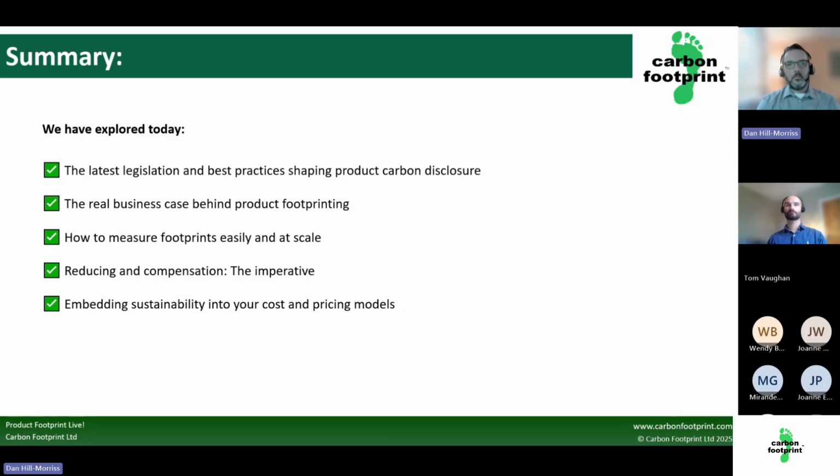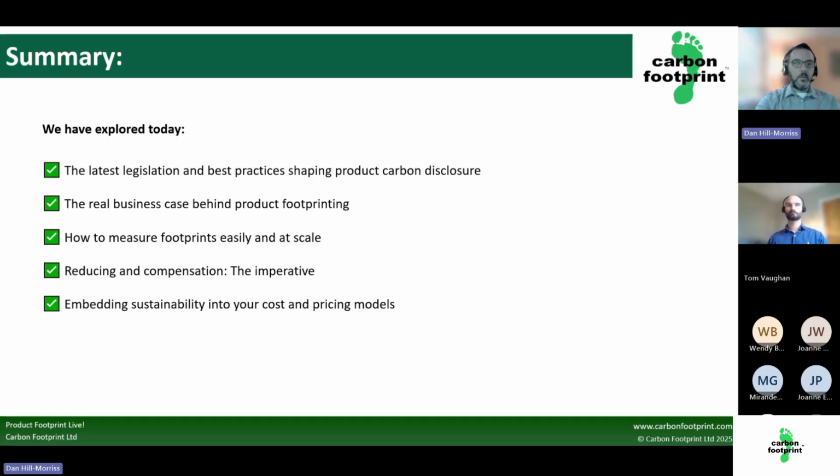The reducing and compensation, a really important part to balance those two hand in hand, the plan going forward, as well as accounting for everything that's already happened. And then what does that look like in terms of cost and pricing? Well, I think it becomes a no-brainer. It's definitely something that needs to be looked at for pretty much any product going to market today.